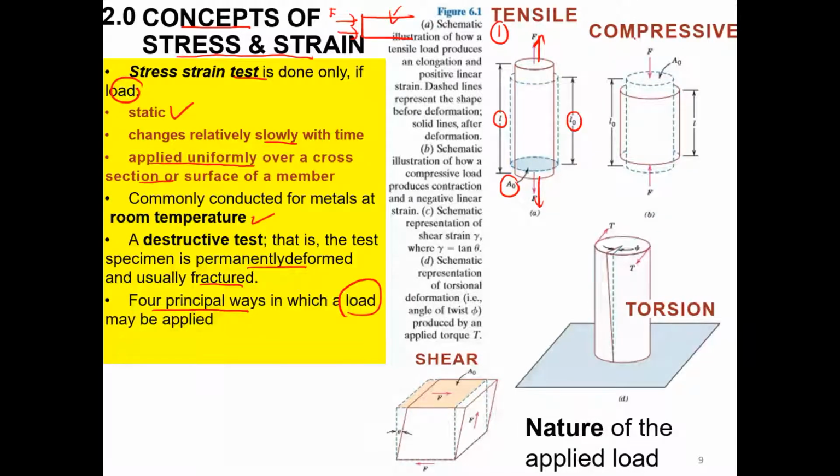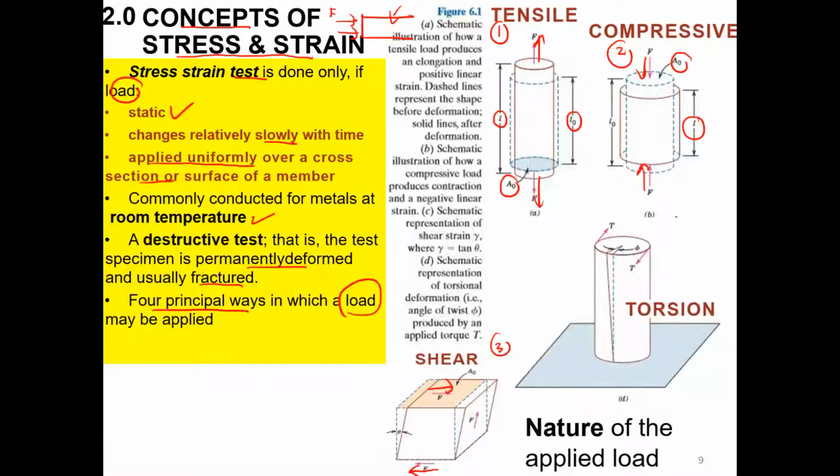Number 2 is the compression test. In the compression test, you are trying to compress the specimen. It's a different direction compared to the tensile test. Same as the tensile test, we have some changes in the area A and also in the length L. Number 3 is shear stress, where you give a shear force in different directions.